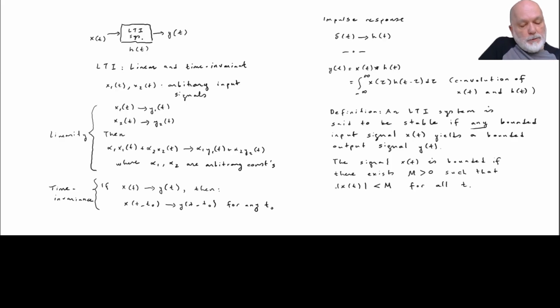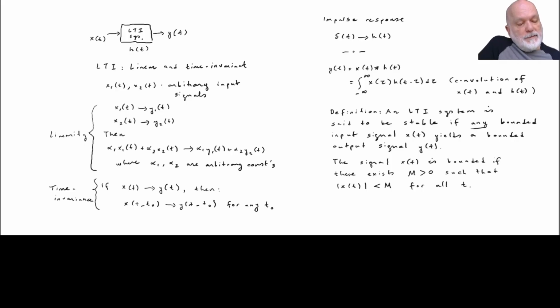Now, magnitude of the signal is the absolute value of the signal for real valued signals and modulus of the signal for complex valued signals. But this is the definition of a bounded signal.